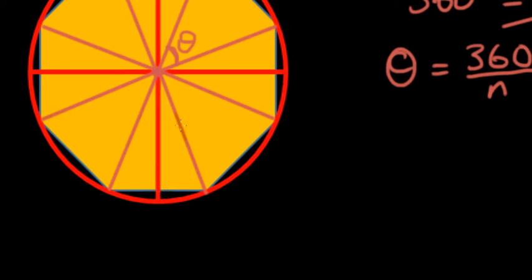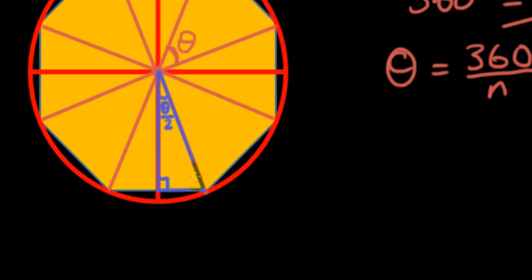Let me use a different color to highlight it. This triangle now forms a right angle triangle, where we have a right angle here. This angle is theta divided by 2, because if that's theta, then this is half of theta. So we can still find out what that is.